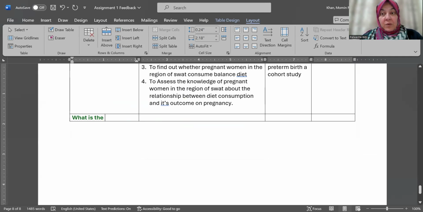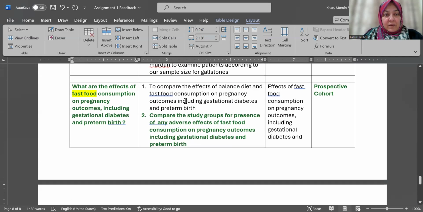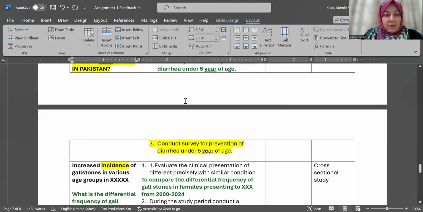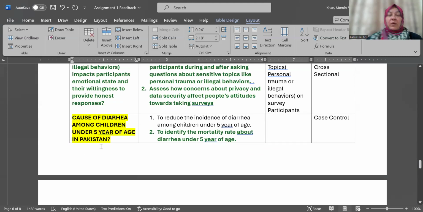Remember, there was a question about diarrhea. It was a very general question, and I don't think that person will be able to follow it. So: what are the causes of diarrhea among children under 5 years of age in Pakistan?